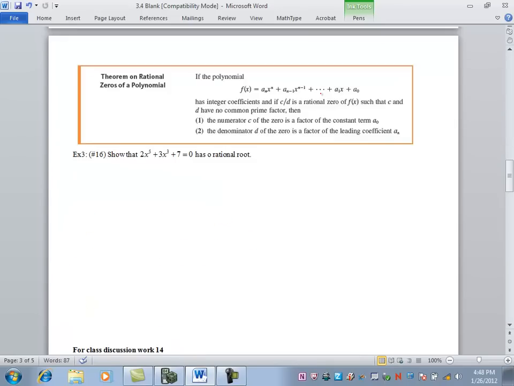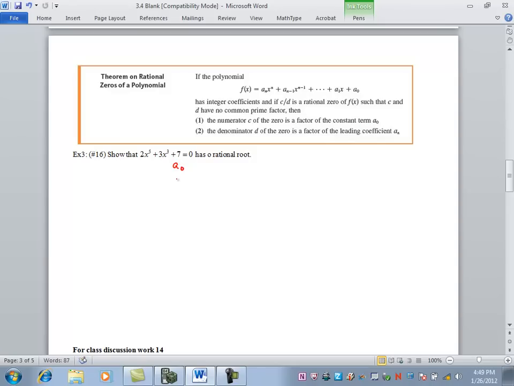Alright, so let's move along to our next theorem here. And we look at it, and let's say that we've got an nth degree polynomial, maybe a cubic, fourth degree, fifth degree, something really big. Let's take a look at what our theorem says here. If the polynomial has integer coefficients, and if c over d is a rational zero of the function, such that c and d have no common prime factor, in other words, that fraction's been reduced, then the numerator c of the zero is a factor of the constant term a sub naught.